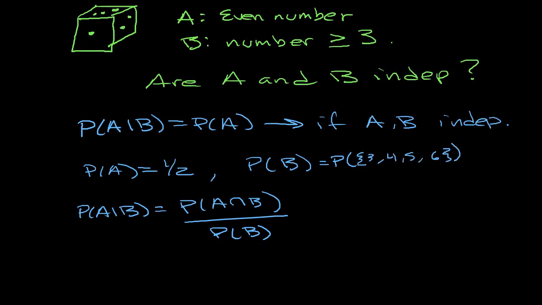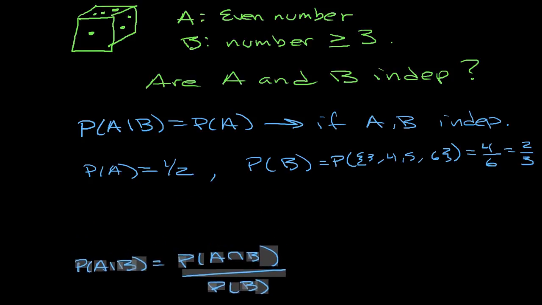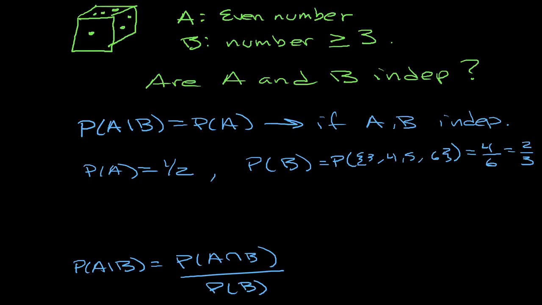So these are 4 numbers out of 6. So this is 4 over 6, which is 2 over 3. We need the probability of the intersection.